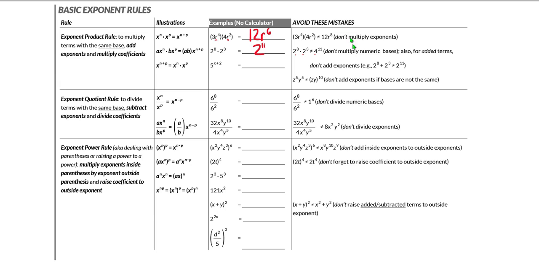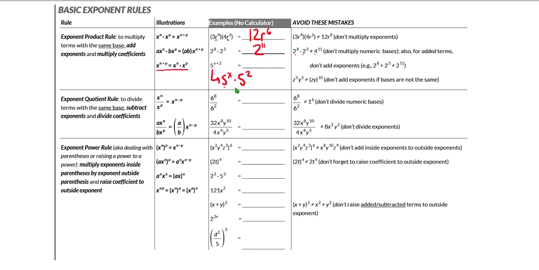In this right-hand column here, you have some mistakes to avoid. This third example, a lot of students are unclear on what we want here, but what we're actually doing is an example that illustrates this illustration. What we are going to do is deconstruct 5 to the x plus 2 into 5 to the x times 5 squared.